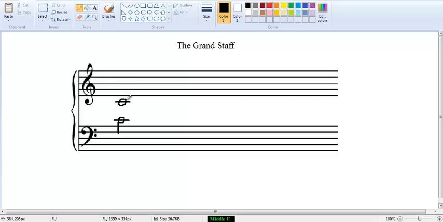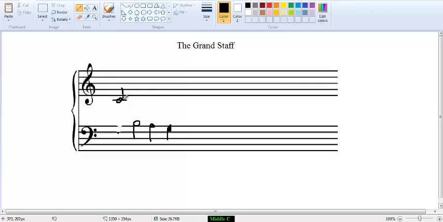So let's say I was doing a song that went like this. Do, do, do, do. So let's say I had a song that went like that. It's going down and it's obviously staying in the bass clef. It wouldn't make a lot of sense if I were going to erase this guy. What if I had my middle C all the way up here?